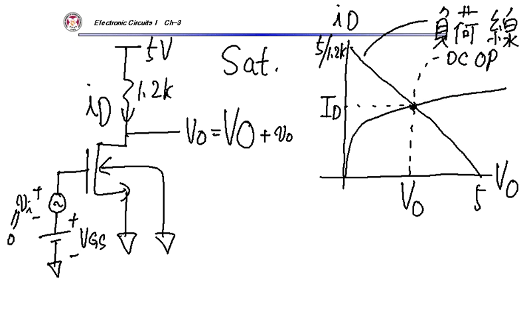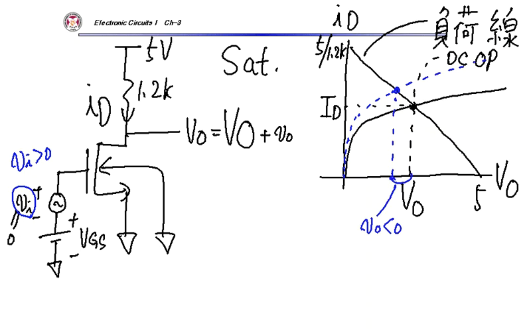If my small signal voltage is slightly positive, my gate source voltage increases a little bit, so my transistor characteristic will move like that. My operating point is here. My small signal VO becomes slightly negative, right?